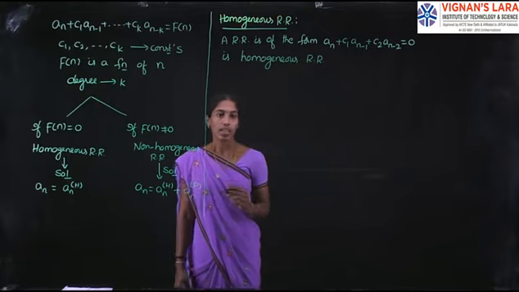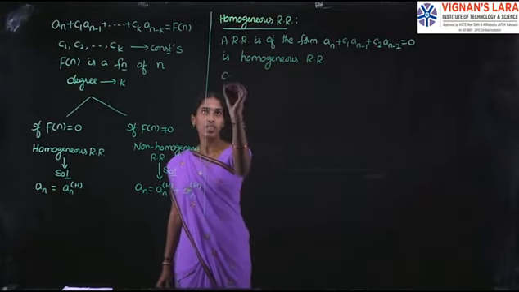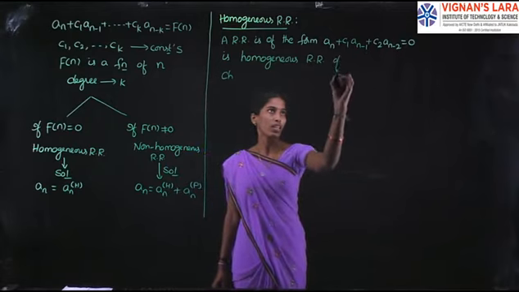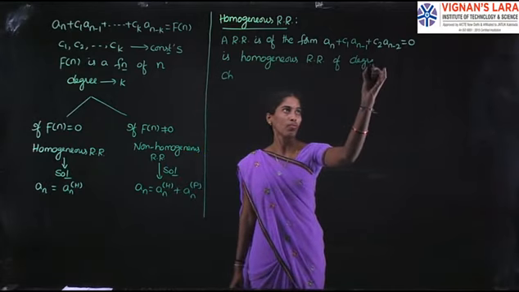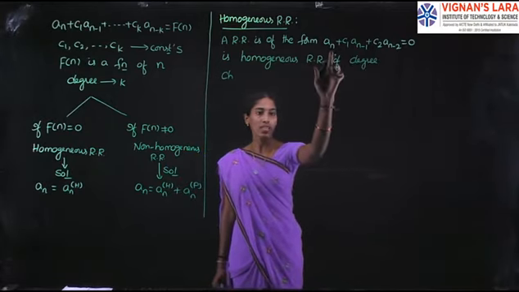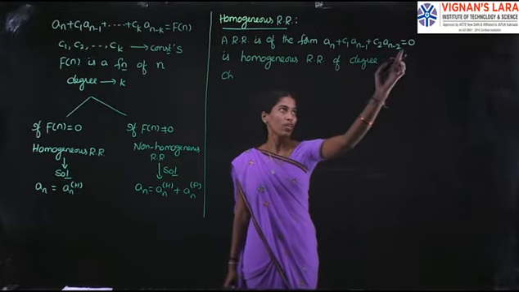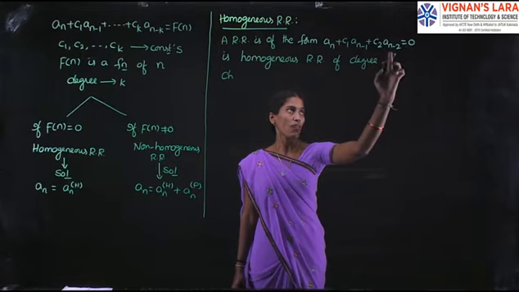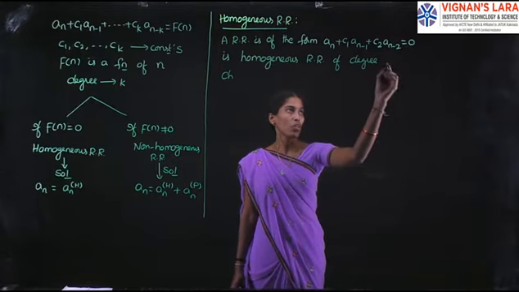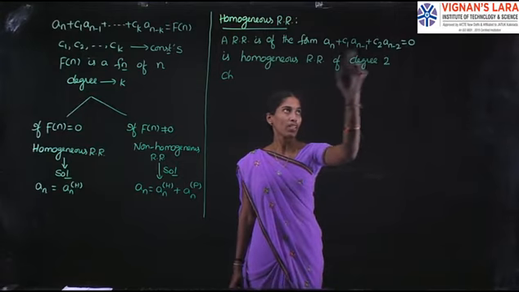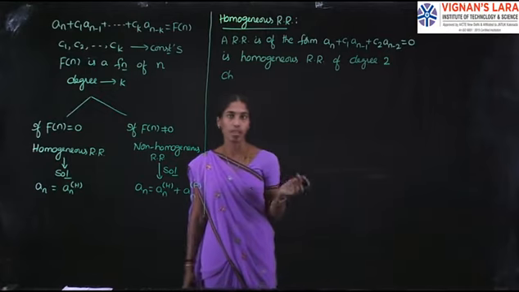What is its degree? The highest suffix term of the sequence term a is n, and the lowest suffix is n minus 2. So its degree is n minus (n minus 2), which is 2.